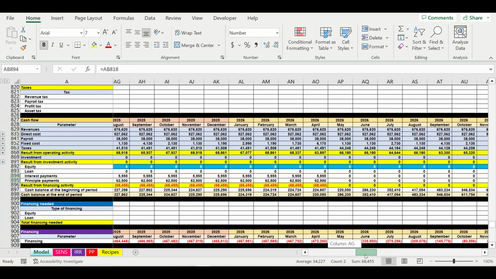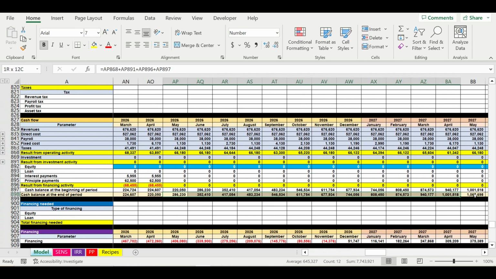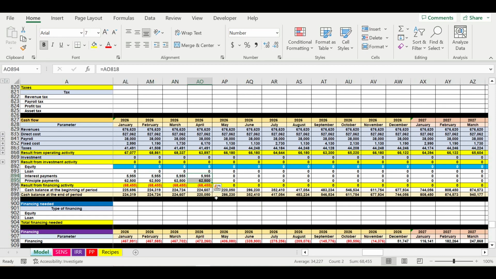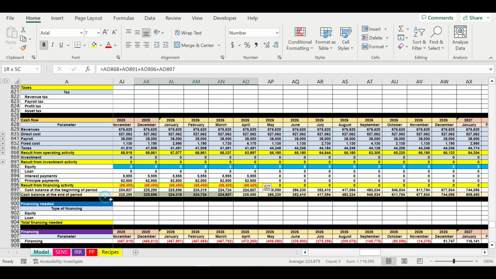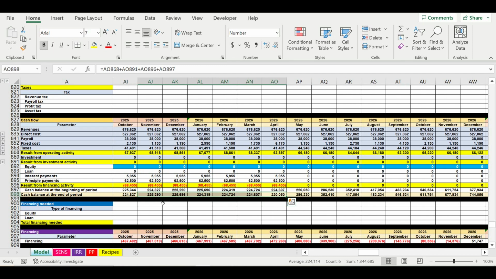the cash starts accumulating. And your business idea may contain another reason why the cash balance at the end of the period is not growing. It is very interesting to dive deeper to see why this may happen.